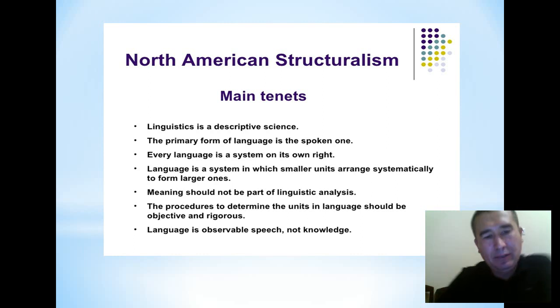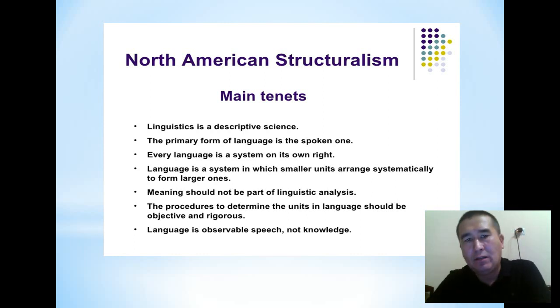To sum up, I can say that theoretical grammar has had a long time to develop from prescriptive to descriptive, and finally evolved to our modern grammatical theories.